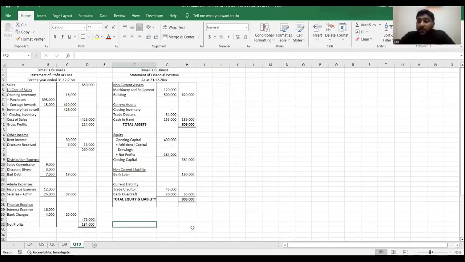It won't take that much of time like grade 10, because in the grade 10 only we are laying a proper base for the account. Now all the things that we did here, we carry forwarded from the grade 10. What are the non-current assets? What are the current assets? What are the non-current liabilities? Current liabilities?